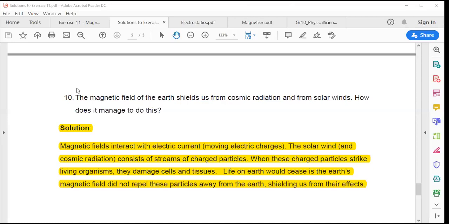This was written last year, 2019, physics. This is what I have. Let me just open it quickly.